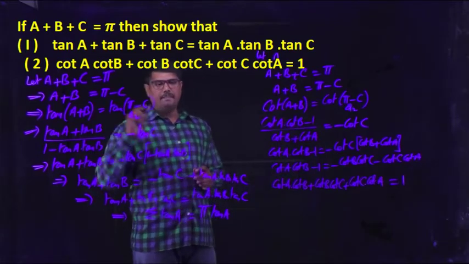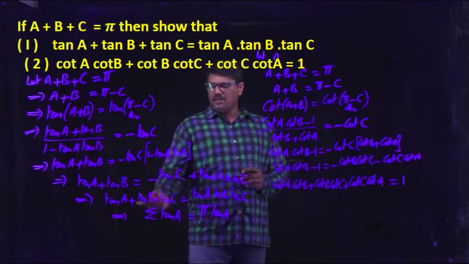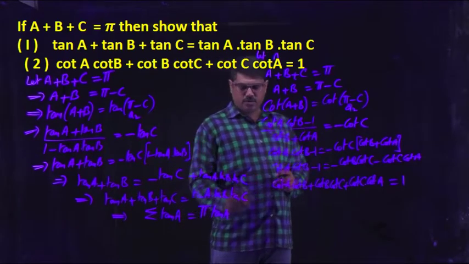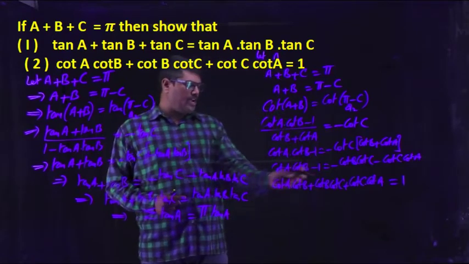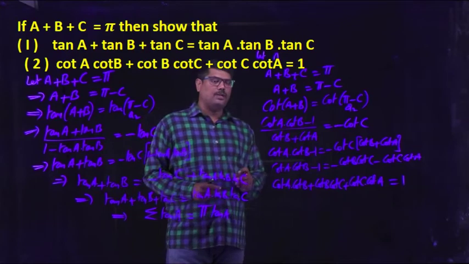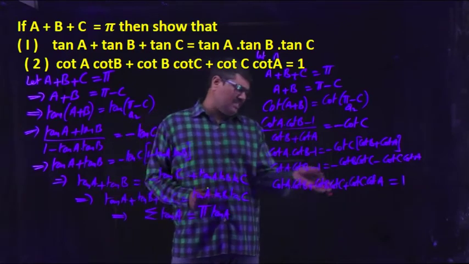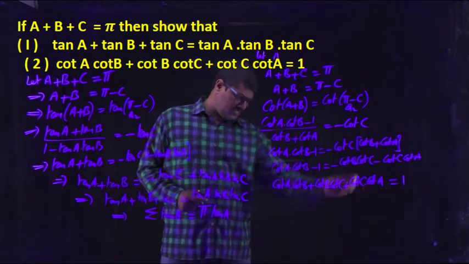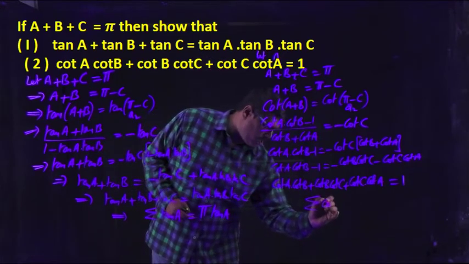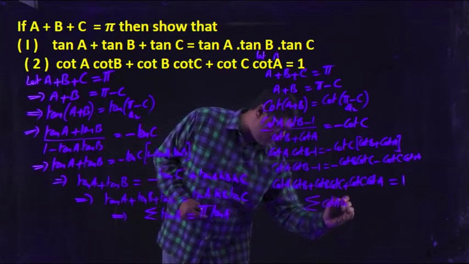Remember, if A plus B plus C is equal to pi, we get tan A plus tan B plus tan C is equal to tan A into tan B into tan C, and cot A cot B plus cot B cot C plus cot C cot A is equal to 1. Again you can write it in short form. This is the addition of three values, so you can write sigma cot A into cot B is equal to 1.